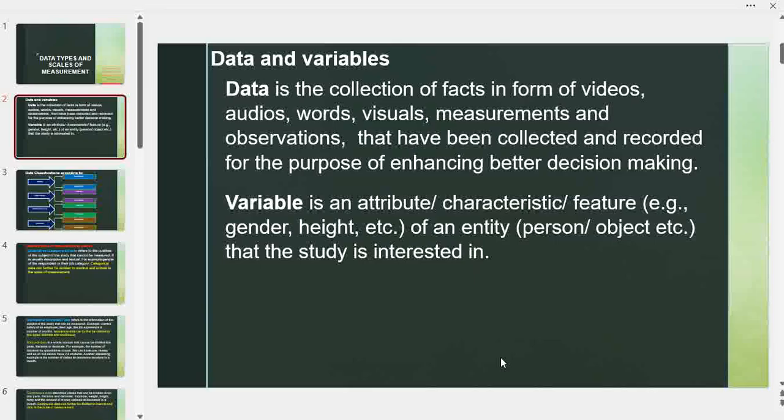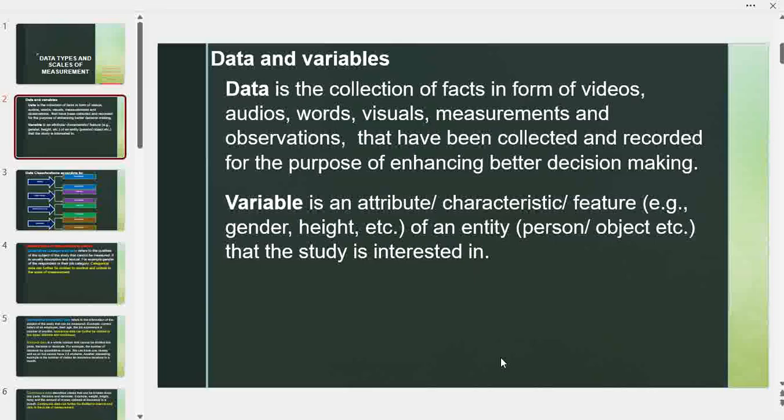The purpose that the data have been collected is for decision making, and it can take any form, both structured form like you see in Excel, and also unstructured form like videos and audios and so on. So that is data for you.